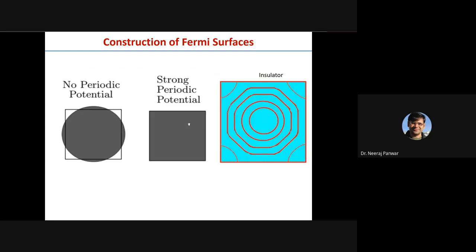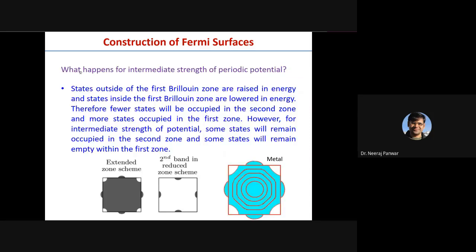Now we would like to see, if the potential is not very strong, if it is in the intermediate range, what is going to happen? So we ask the question, what happens for the intermediate strength of periodic potential? States outside of the first Brillouin zone are raised in energy, and the states inside the first Brillouin zone are lowered in energy.